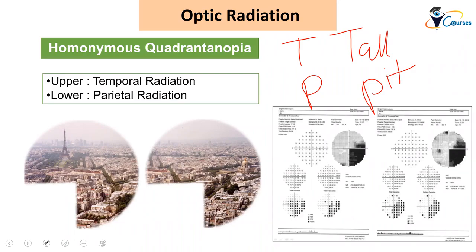If there is a superior scotoma, or it is tall, it is due to a temporal lesion. If it is a lower lesion or a lower scotoma, such as we can see here, it is in the pit, it is below. So this will be due to the parietal radiation. So T temporal tall, P parietal pit, if you are just confused about which one will cause which visual field defect.